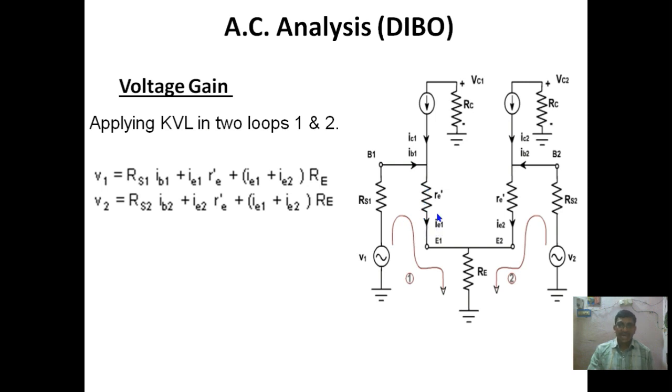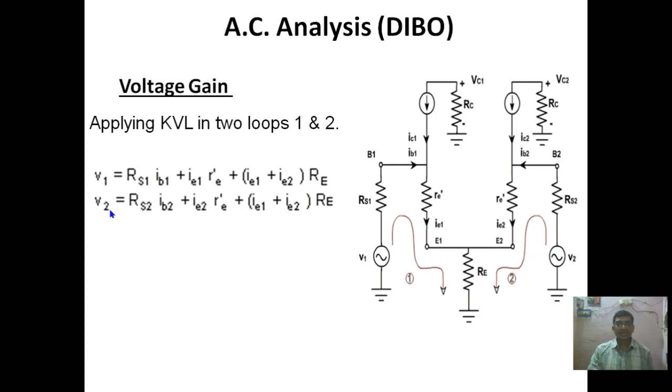So that's why IE1 into RE dash plus, in this capital RE resistance, both emitter currents are flowing: IE1 current from this circuit and IE2 current from this circuit. That's why RE into (IE1 plus IE2). Okay, this is about the loop 1 KVL equation.